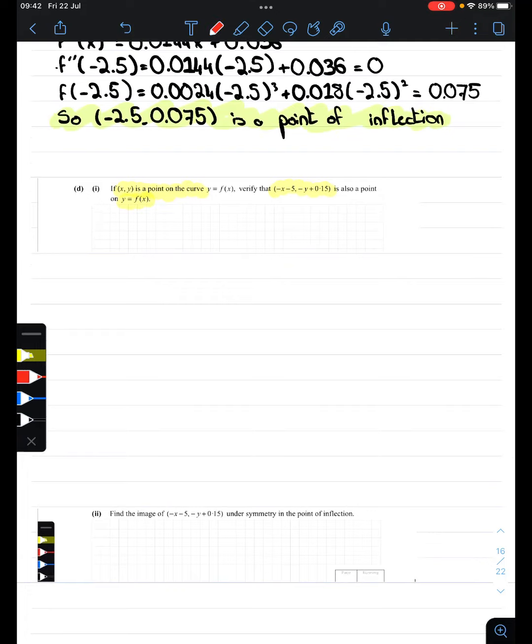They're giving us that (x, y) is on the curve. So y equals f(x), because if we remember, the curve is (x, f(x)).